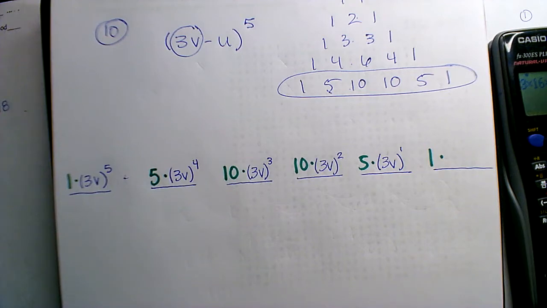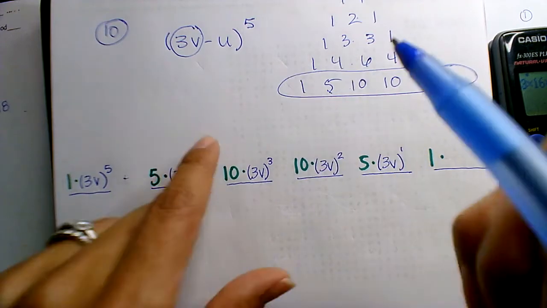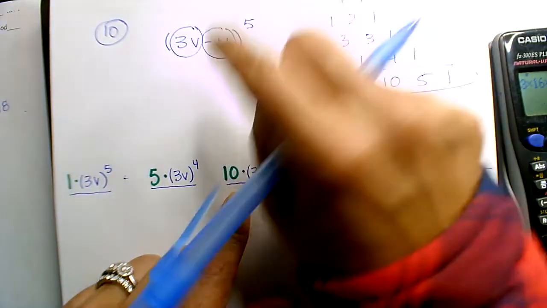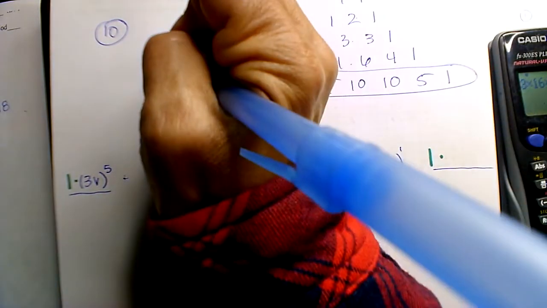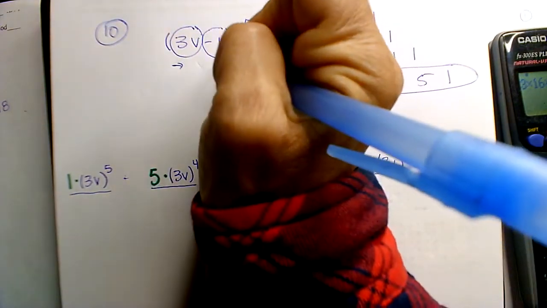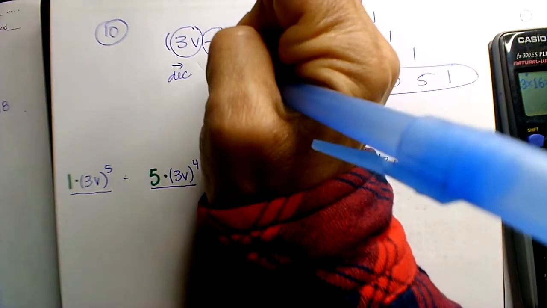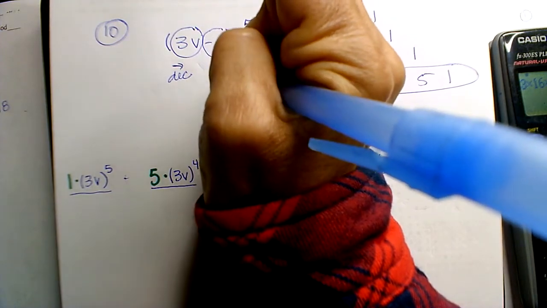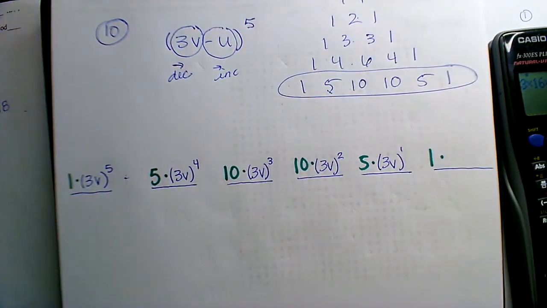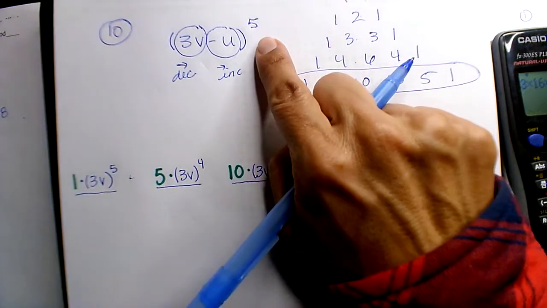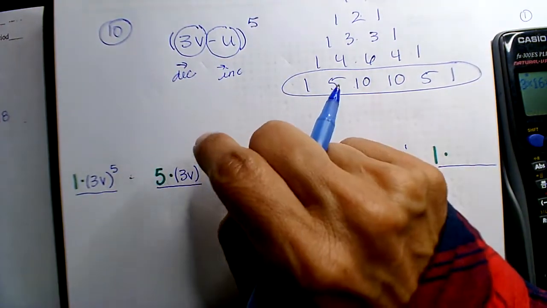Keep going. And then the second term, this one goes up. The first decreases, and this one is going to increase as you go from left to right. So I'm starting at 0, but we are not even going to write it.